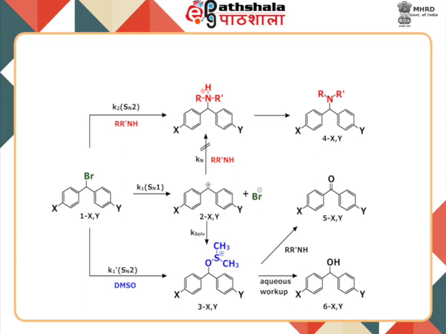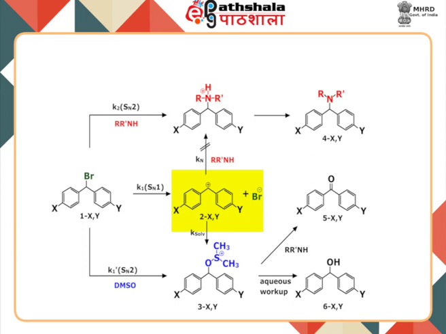Here it is shown that benzhydryl bromide reacts via the SN2 pathway with an amine and via the SN1 pathway to give the products. In the SN2 pathway, an amine derivative is formed, whereas in the SN1 pathway, an intermediate carbocation is formed first, which is solvated by the solvent DMSO.